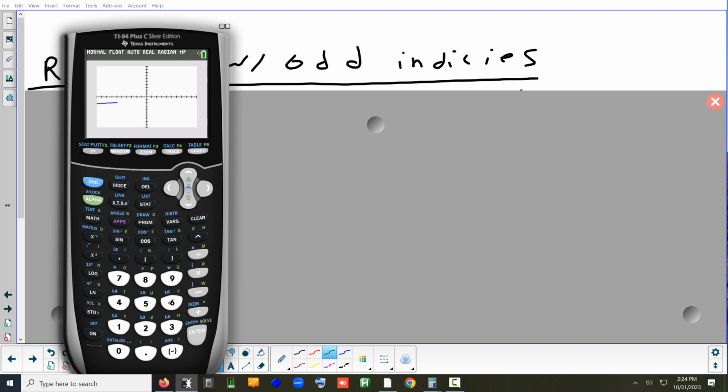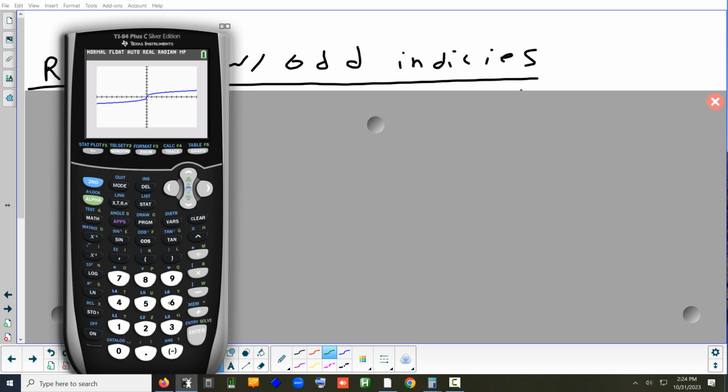Tell me what you notice right away that looks very different about a cube root compared to an even root. What's different? The last one went in one direction. How many directions does this one go in? 2.